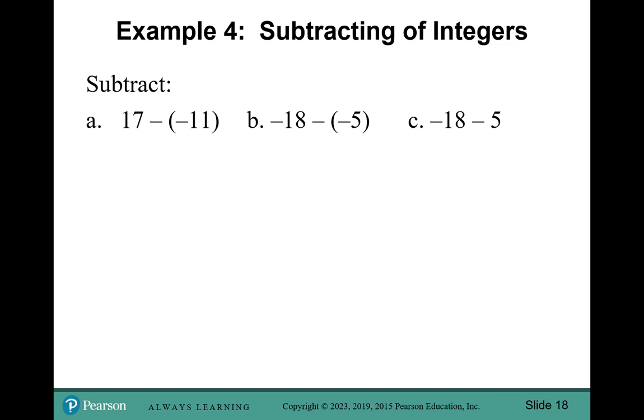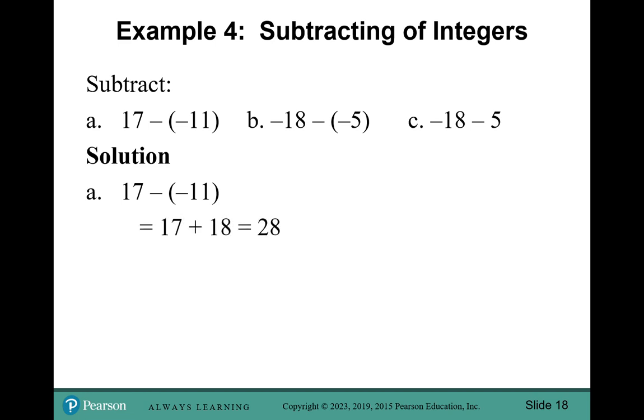Let's do some examples. Let's subtract 17 minus negative 11. Now, with this, we do have to know some rules here. If we look at 17 minus negative 11, we have to keep in mind that minus a negative actually turns into a positive.